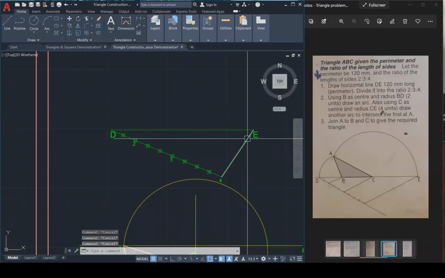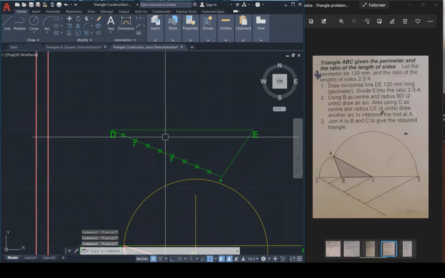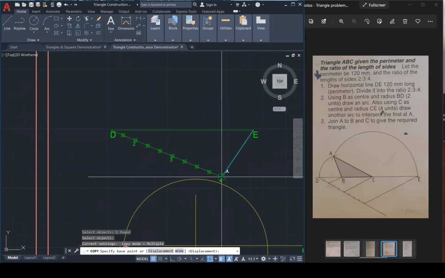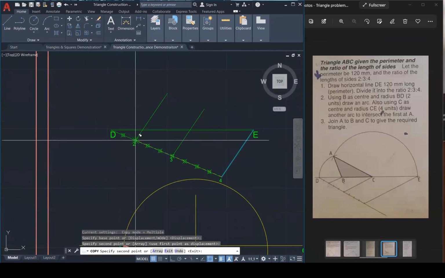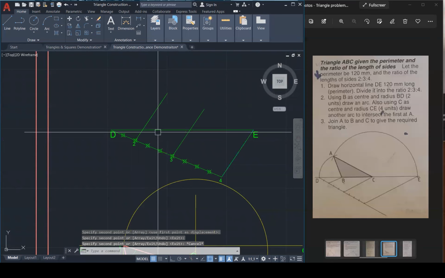All right. So now what we're going to do is parallel track, which is, in a sense, copying. I'm just going to copy this over to 3 and this over to 2. And I'm going to trim.